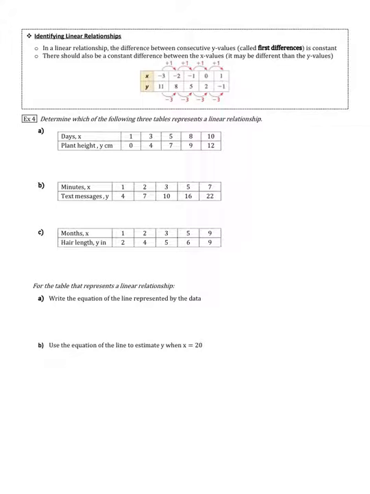So the way we do that is we look at the change in the x's. Notice up here in this example, you keep going up by 1, up by 1. This is called a constant rate of change. And in the y values, you want the same thing. So what we're really doing here is 8 minus 11. That's a negative 3. 5 minus 8, negative 3.